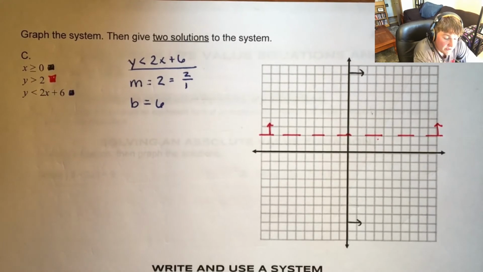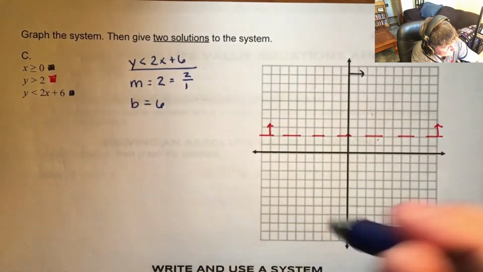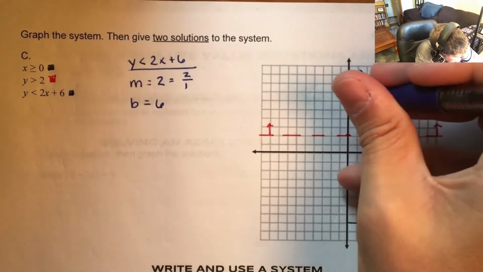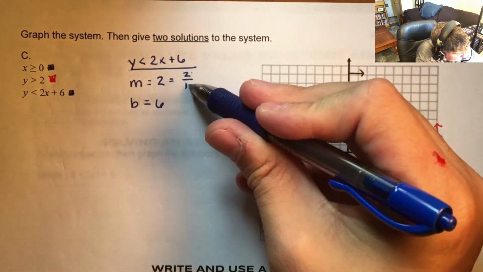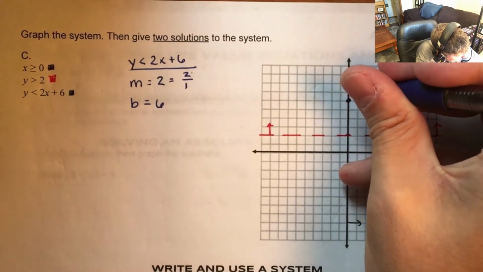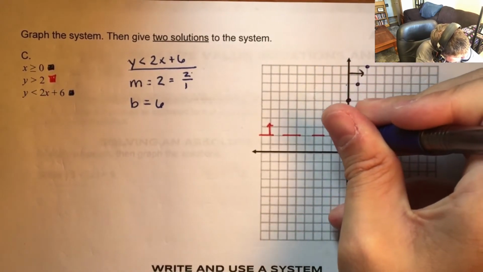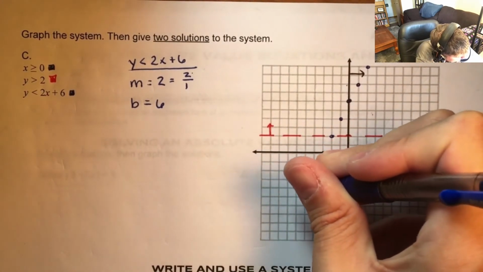We're going to start at the ordered pair 0, 6, the y-intercept of 6. 1, 2, 3, 4, 5, 6. This tells me up 2, right 1. Up 2, right 1. Down 2, left 1. We're just going to do this a couple times.